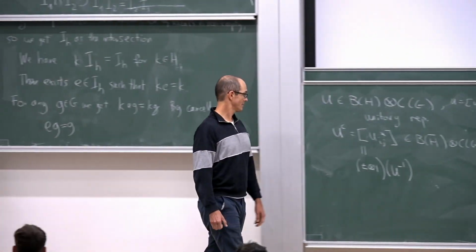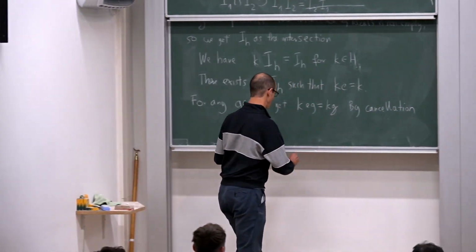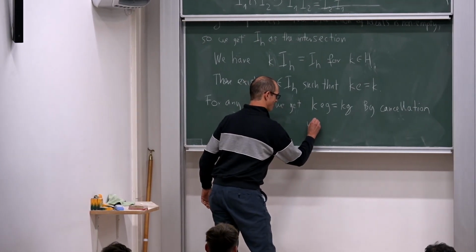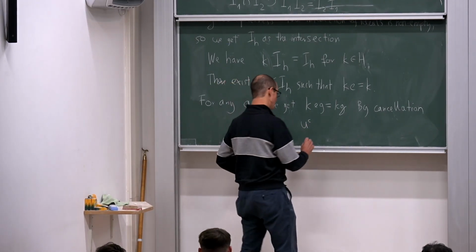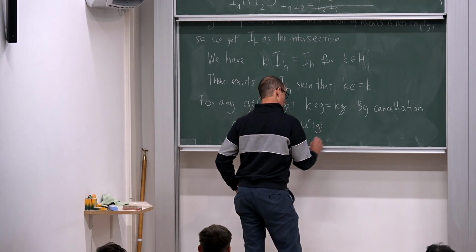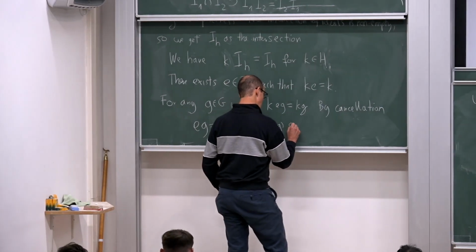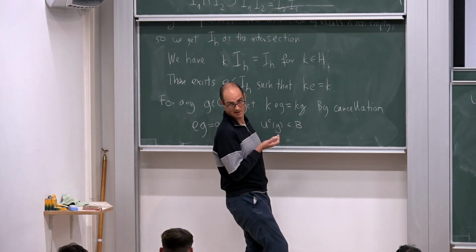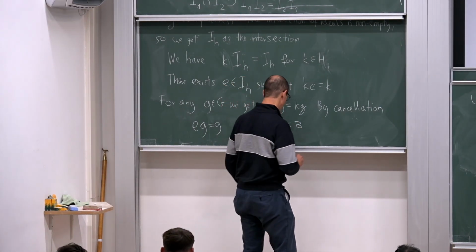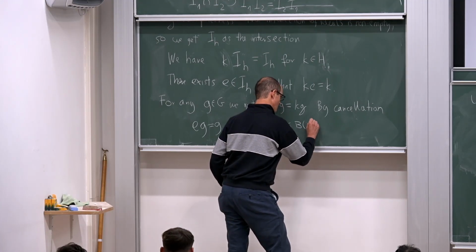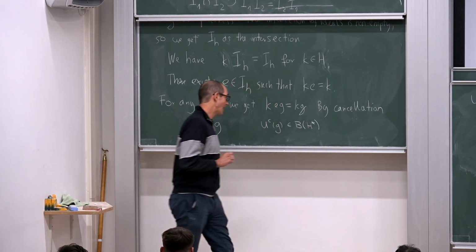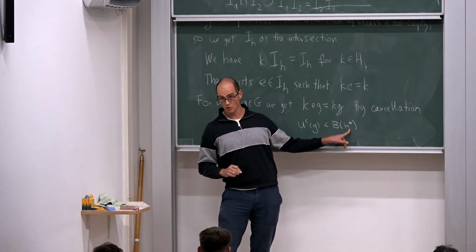So UC of G, even if H is not a Hilbert space, just a finite dimensional vector space, acts on the dual.